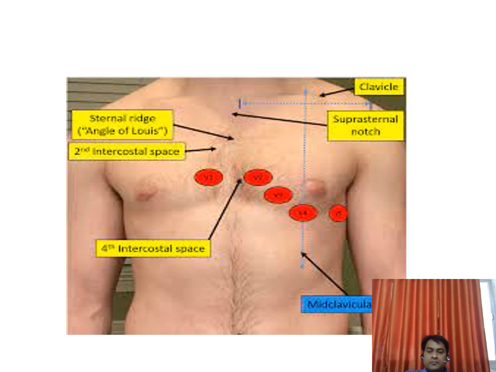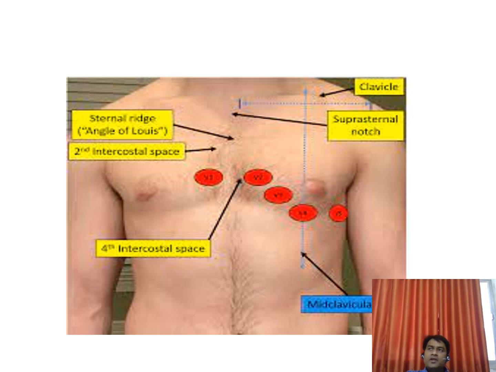Now, the record we obtain by this is of quite a small size. So, in order to amplify the potential and get a magnified record, we use something called augmentation. So there are augmented unipolar limb leads.